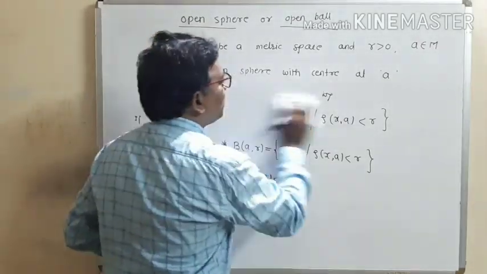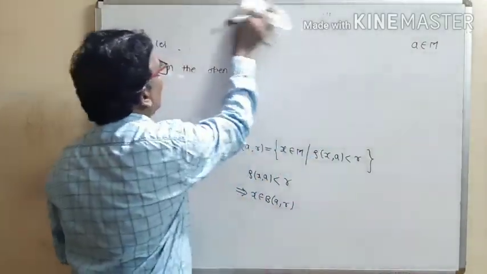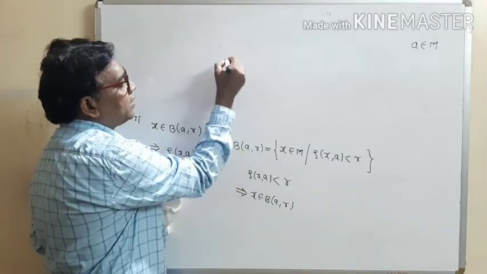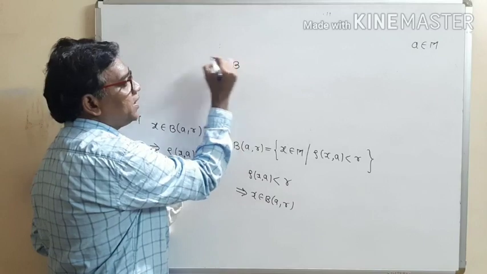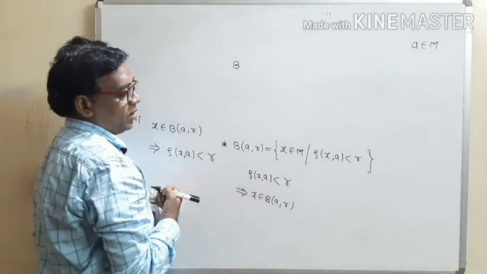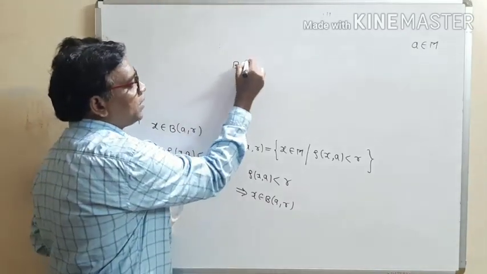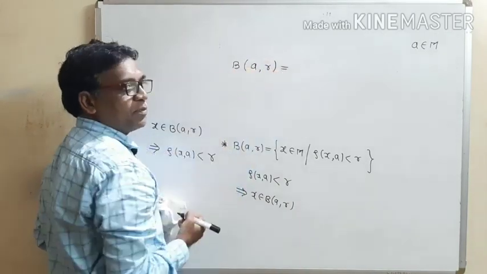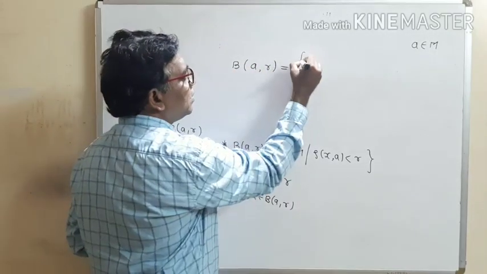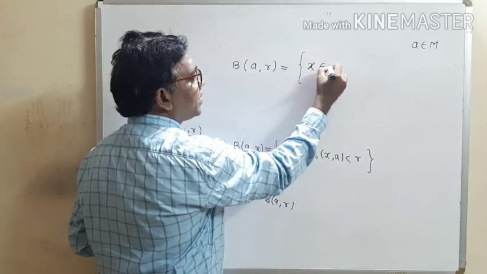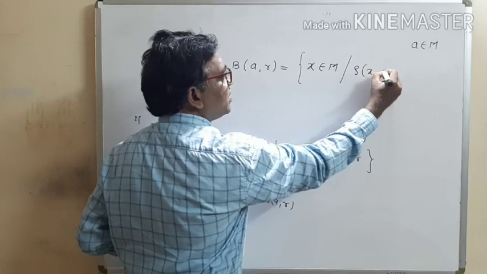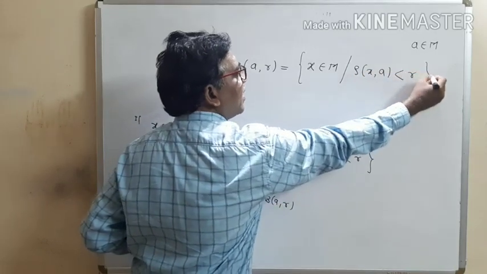So first of all, remember this definition of open sphere. The open sphere is denoted by the notation B or S. The open sphere B with center at a and radius r is given by those elements in the metric space satisfying the condition distance between x and a less than r.